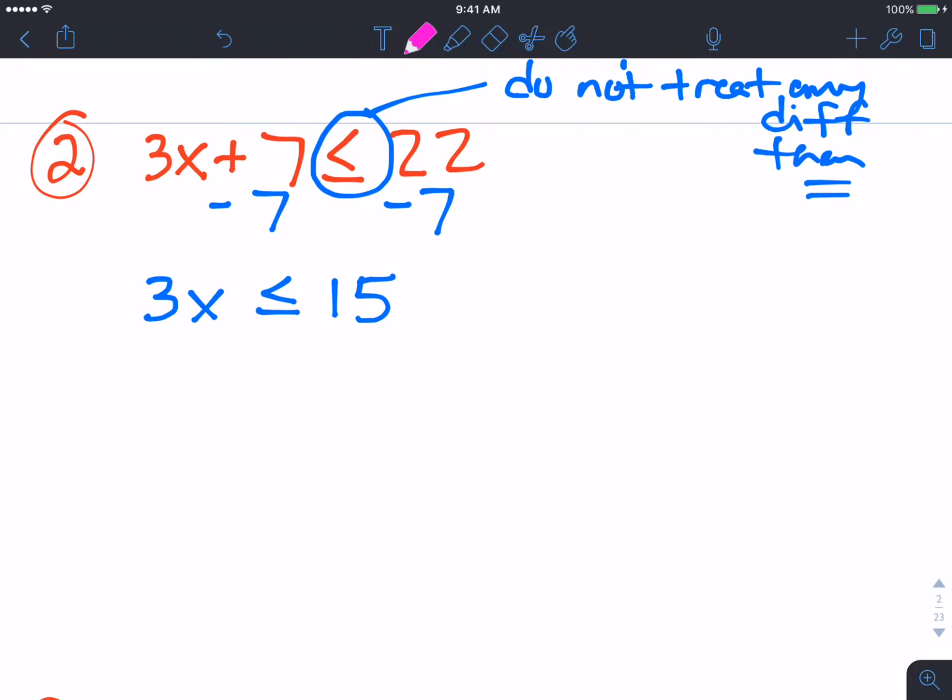Now I still need to get rid of that multiplication by 3. And the opposite of multiplication is divide. So I get x is less than or equal to 5.